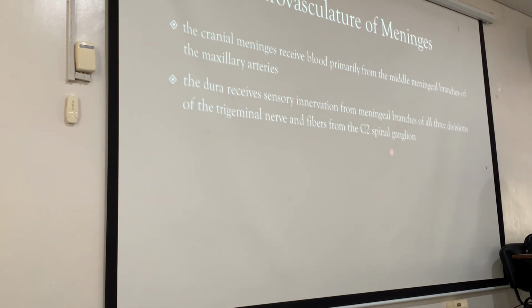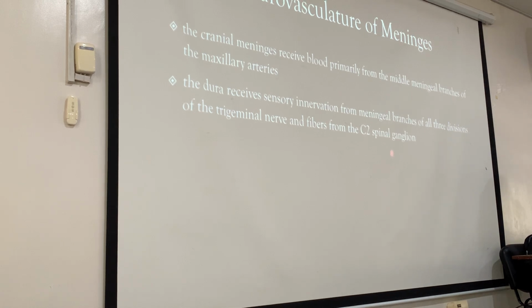If you have a toothache, you can also have a headache because they are all supplied by the trigeminal nerve. And sometimes you can have neck pain because of the fibers from the second cervical spinal ganglia.